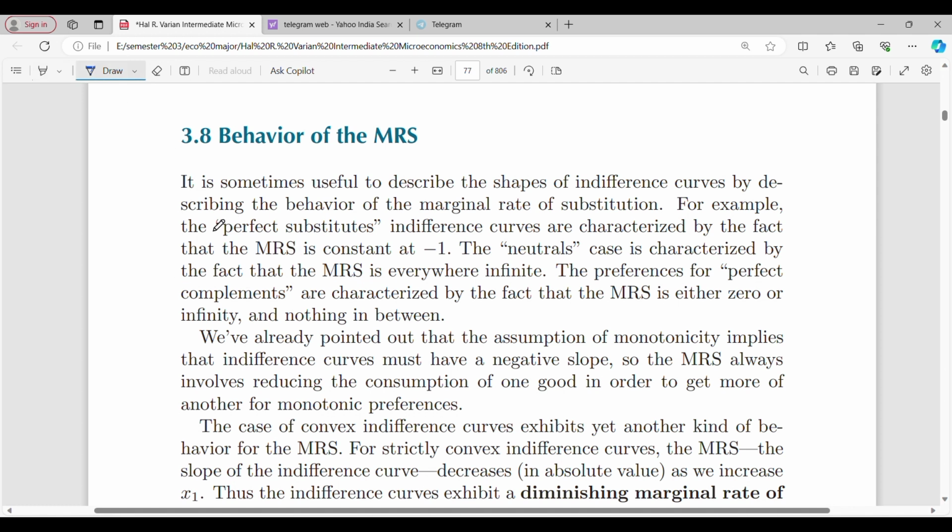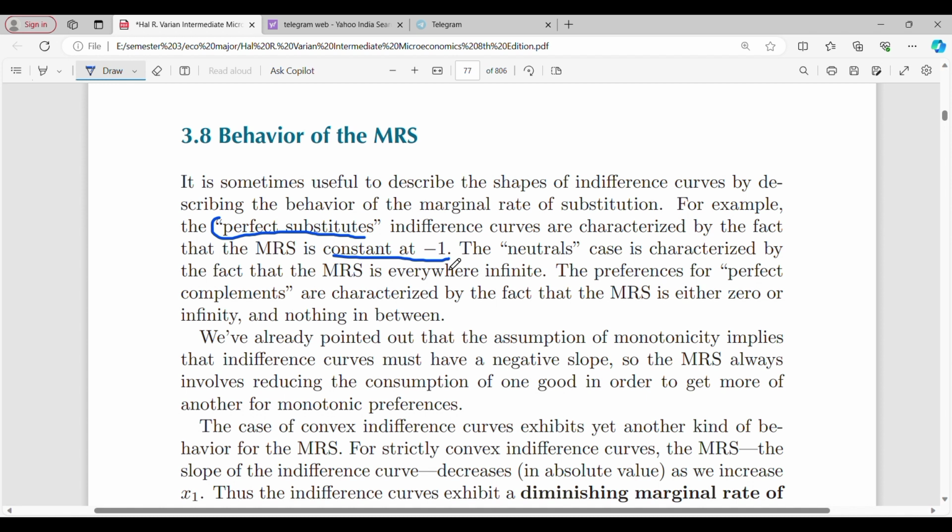So for the perfect substitutes, ICs are characterized by the fact that MRS is constant at -1. In perfect substitutes, we remember the example of blue and red pencils. The consumer doesn't care about the color, he just wants the number of pencils to be 20.